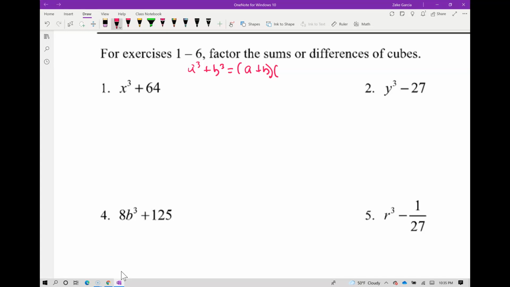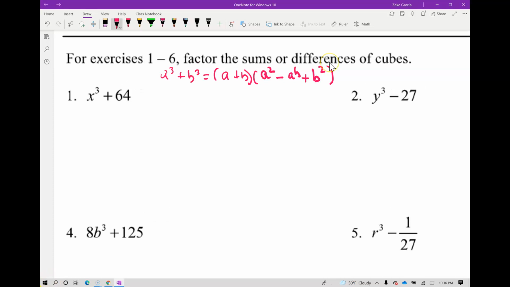That will be the first factor, and I did tell you that's a linear factor. You're going to square the first term, a squared. You're going to square the last term, which is b squared. And then since you're adding, you're going to be subtracting, and it's going to be ab plus b squared. Okay? So there's the formula. You don't have to memorize it. I'm going to give you the formula.